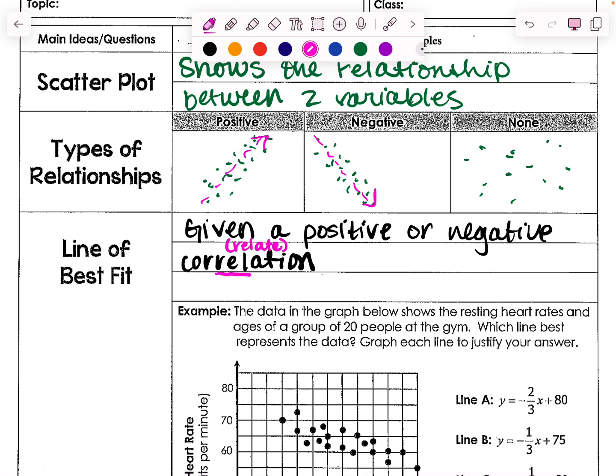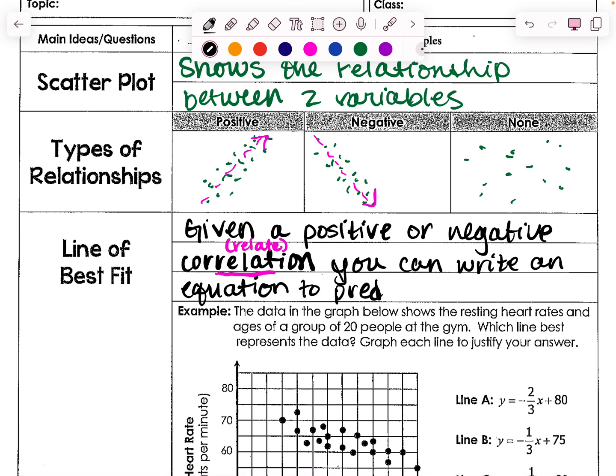And you can kind of see the word almost relate in there. So given a positive or negative correlation, you can write an equation to predict results.